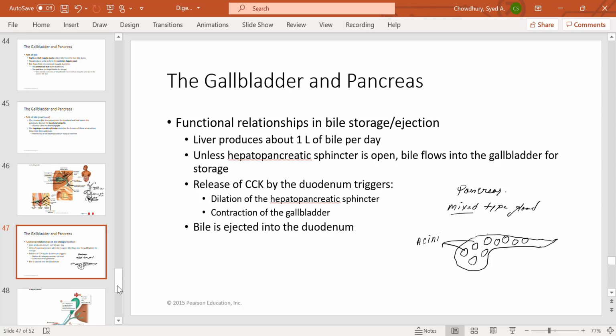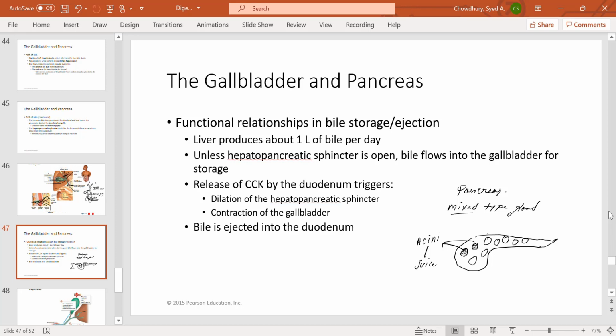And inside the acini you have the acinar cells, and these cells secrete the pancreatic juice. Okay, and that juice has, I mentioned before, amylase, lipase, protease, all kinds of digestive enzymes. So acini secrete pancreatic juice.